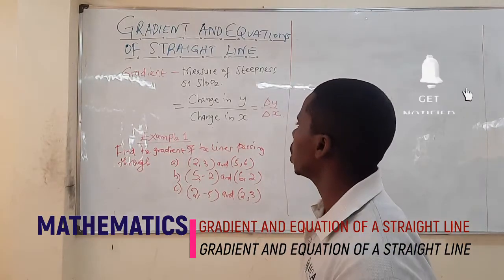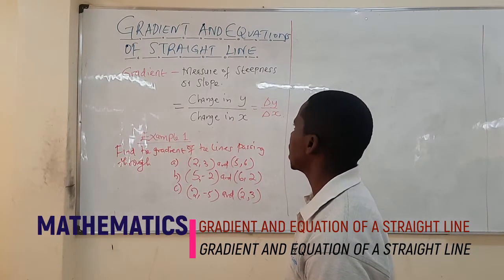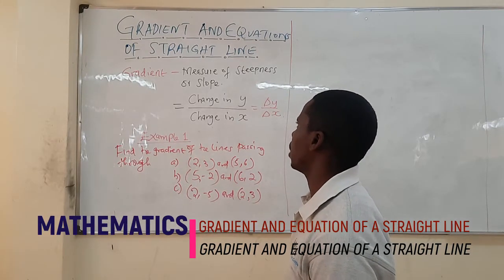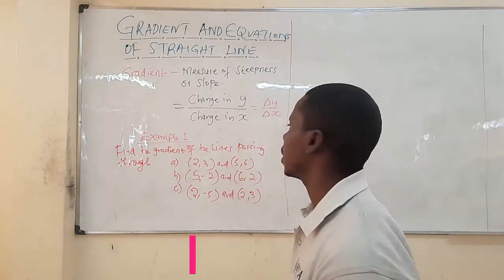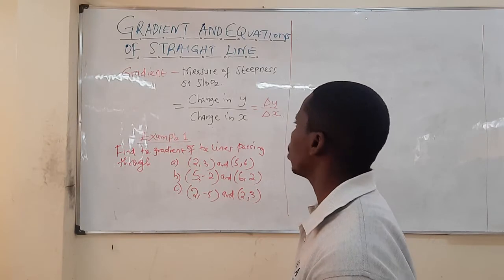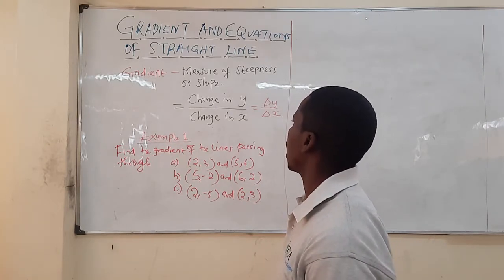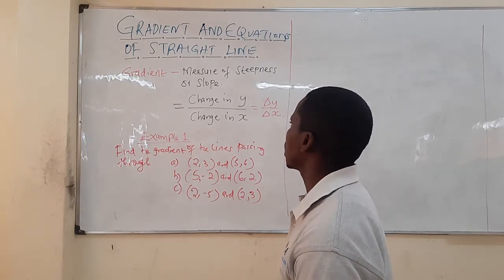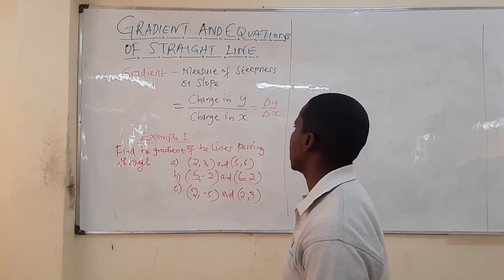So gradient is a measure of steepness or the measure of a slope. That's what gradient is: how sloped a line is, or how steep a line is. And of course gradient is given by change in y divided by change in x.